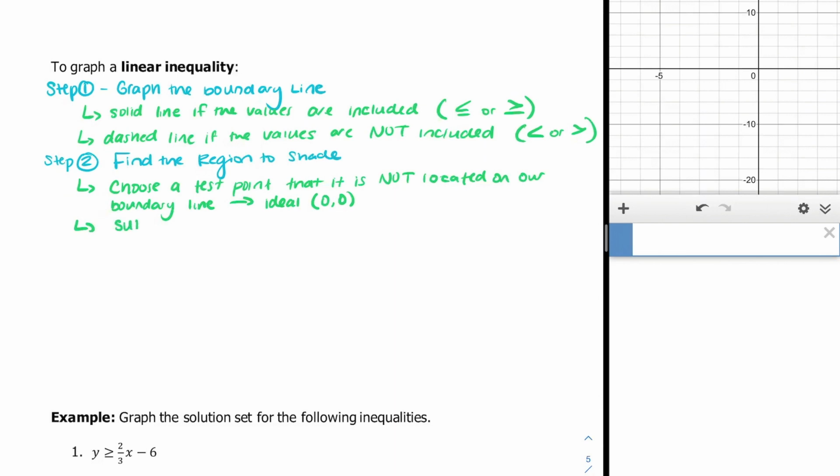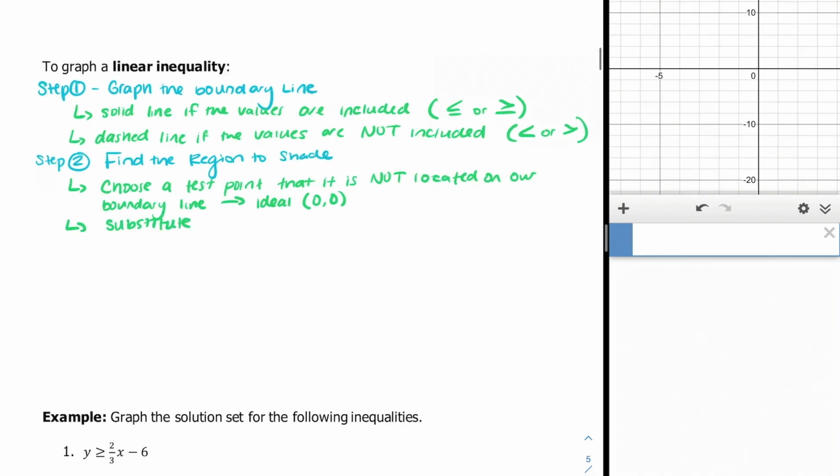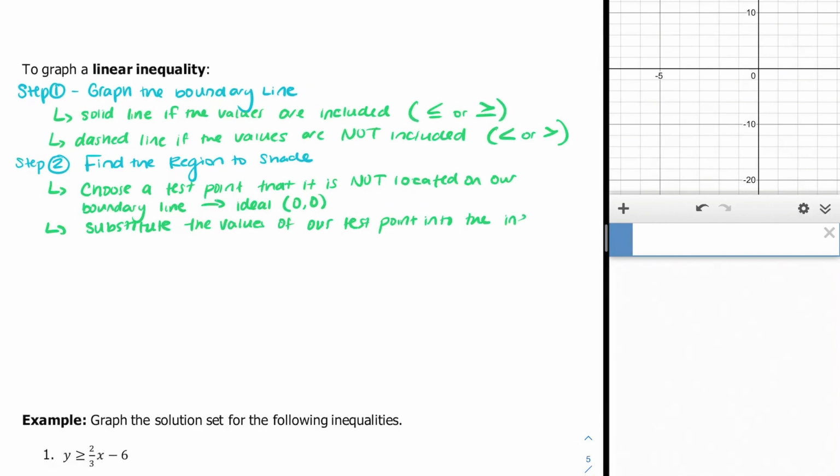The next thing, once we've chosen that test point, is we are going to substitute the values of our test point into the inequality.